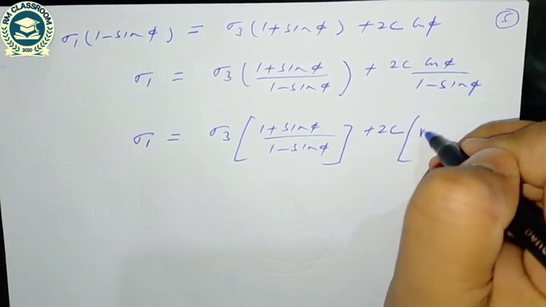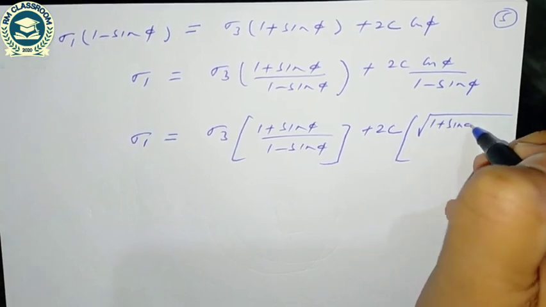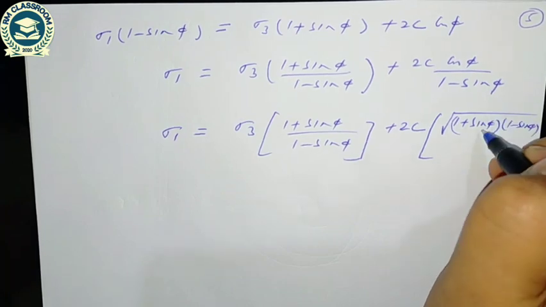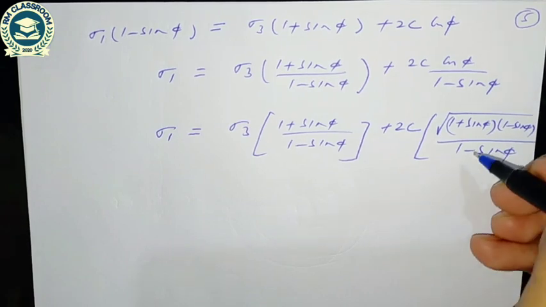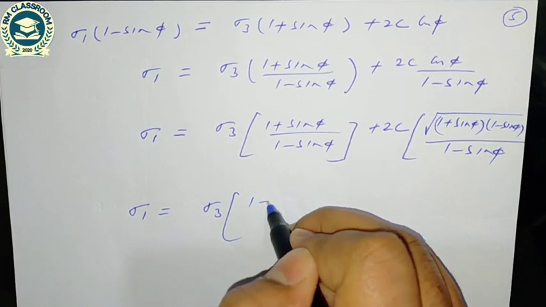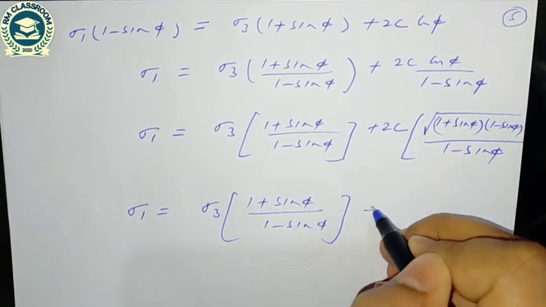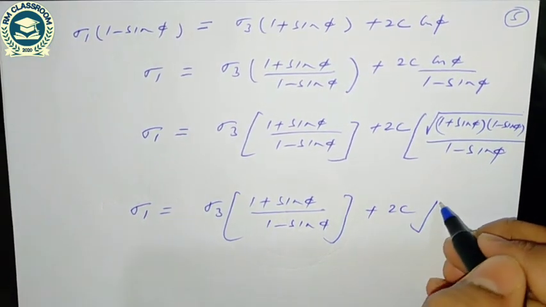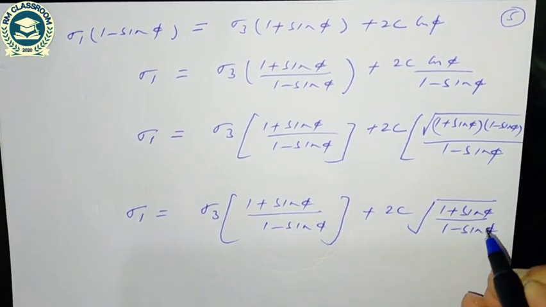If I write like that, 1 plus sin phi into 1 minus sin phi, so 1 minus sin square phi, and 1 minus sin square phi is cos square phi, so it is cos phi divided by 1 minus sin phi. So sigma 1 can be written as sigma 3 into 1 plus sin phi divided by 1 minus sin phi plus 2C. The 1 minus sin phi cancels, so it comes as square root of 1 plus sin phi divided by 1 minus sin phi.